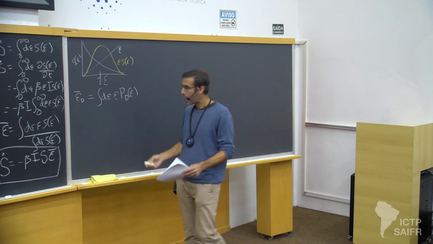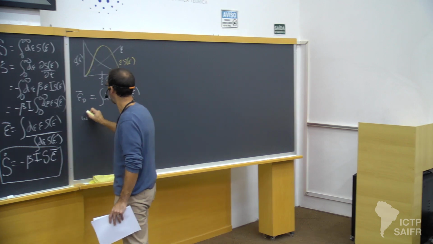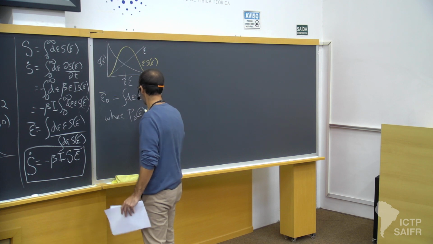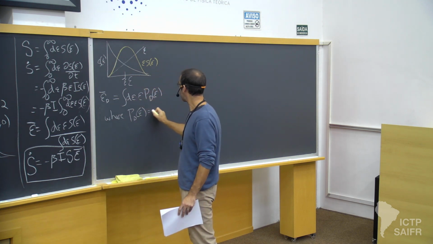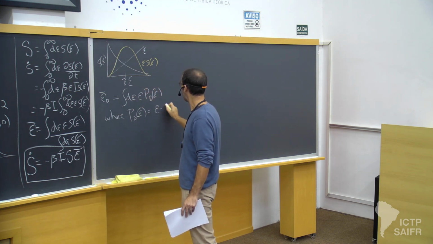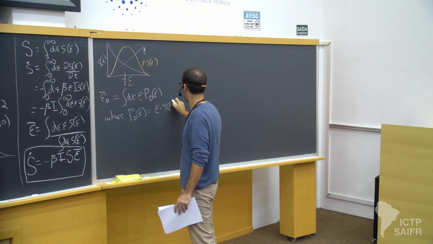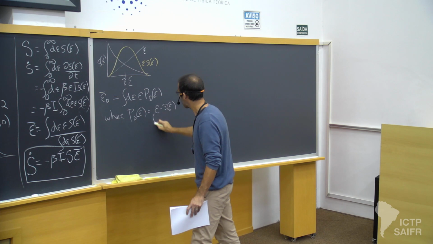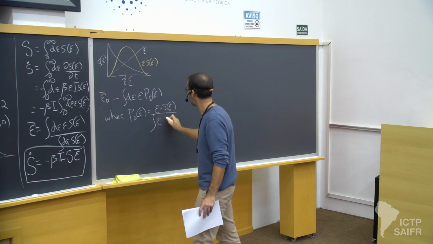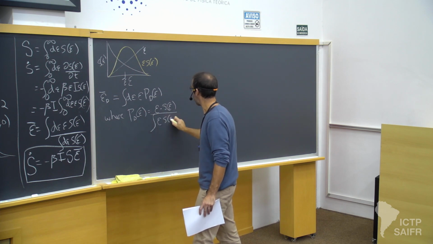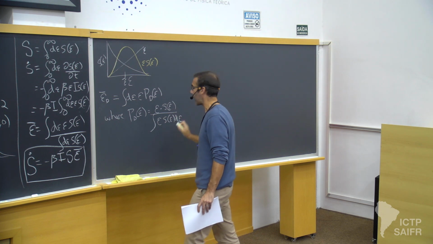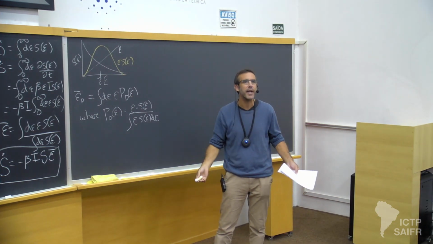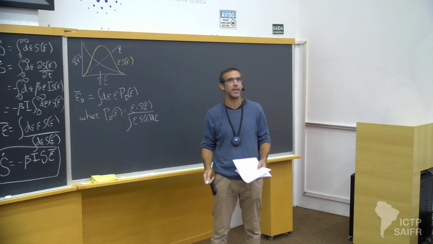Where the probability of drawing this is equal to epsilon times s of epsilon over, we have to normalize it, integral epsilon s of epsilon d epsilon. And in my notes, sometimes I'll forget the d epsilon. I move too fast. So just assume whenever you see an integral, I meant to put d epsilon. Right?